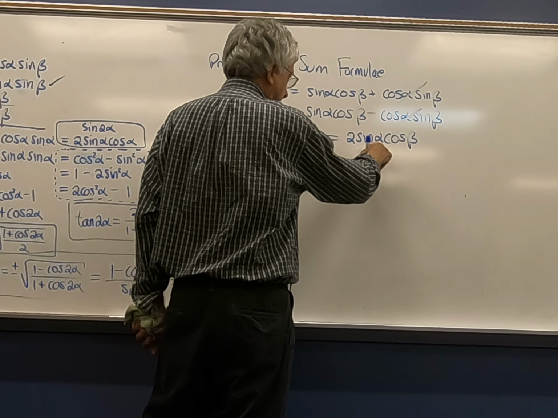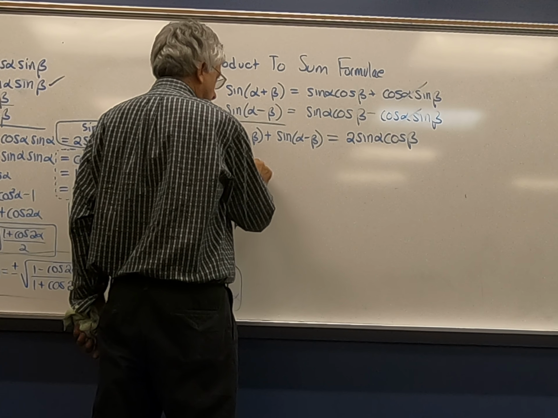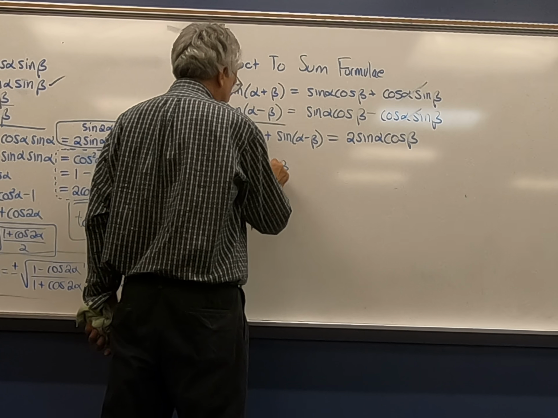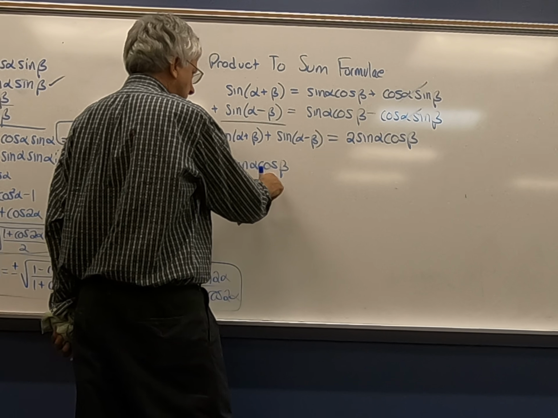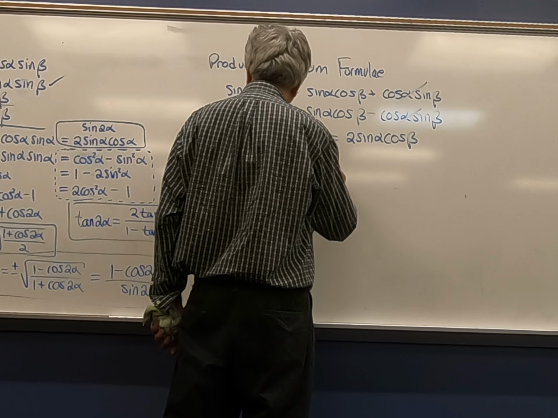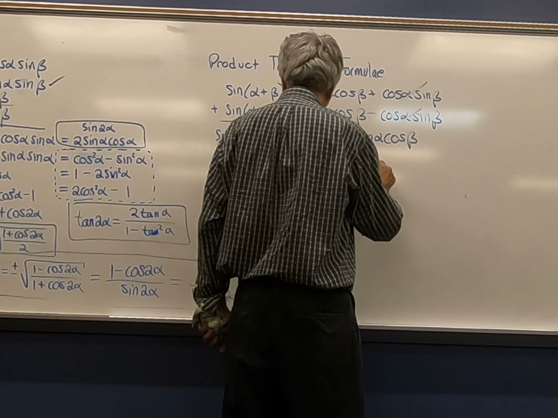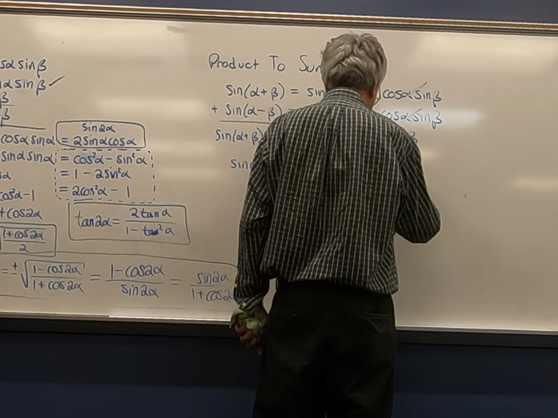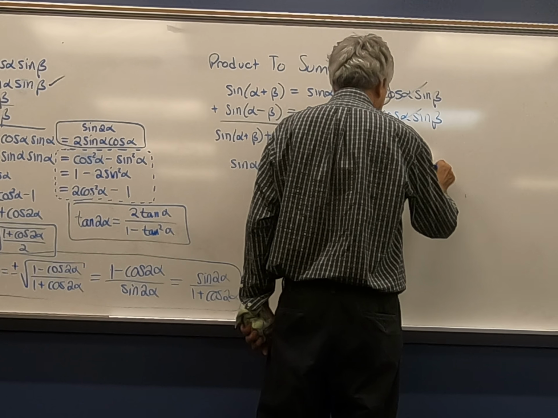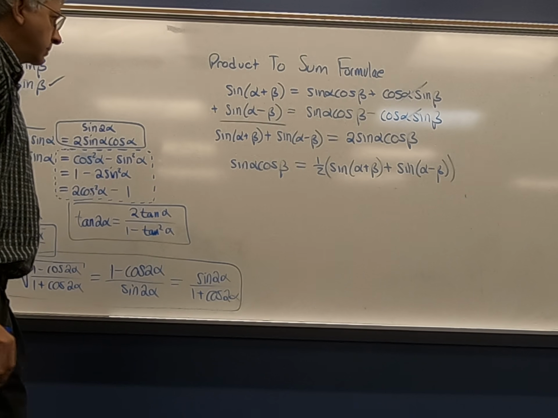So I want to say the product is equal to a sum. So the sine of alpha times the cosine of beta, that's a product of trig functions, and I can say that's 1/2 times the sum, sine of alpha plus beta plus sine of alpha minus beta. I need to use parentheses here because I'm taking half of the sum, right?